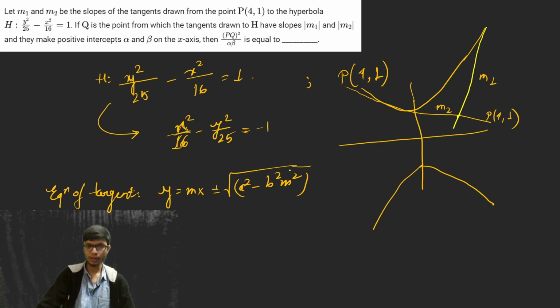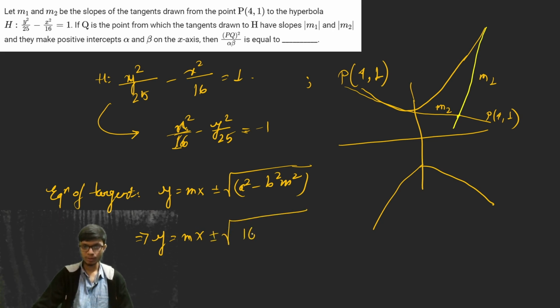We already know the values of a square and b square, so we can plug them in to get the tangents as y is equal to mx plus minus root under 16 minus 25 m square.